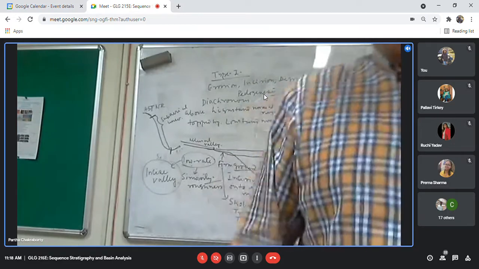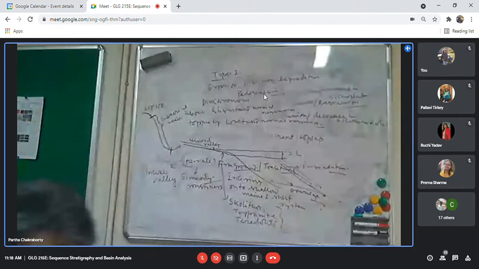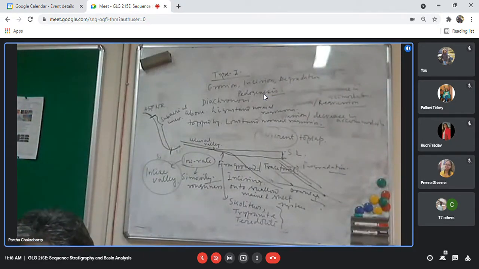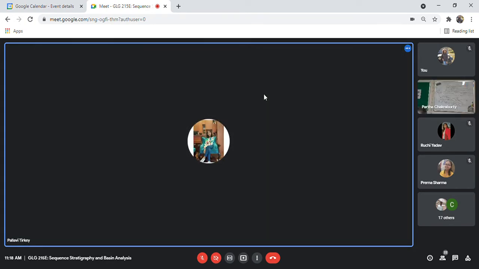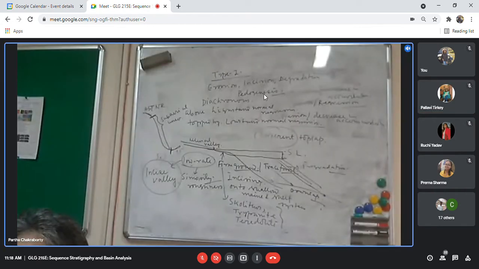So what I am saying is, suppose that area where I do not get a river product. What is happening there? The highstand shelf, the normal regressive shelf, highstand, will be overlain directly by the lowstand product. And how do I then identify the type 1 unconformity there?